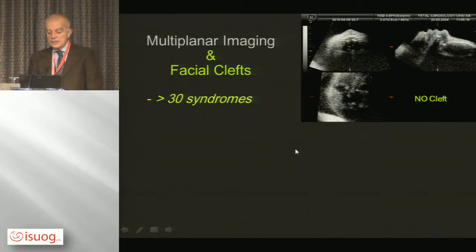3D assessment of the normal or abnormal lip and palate relies on the approach that Benoit has shown us before.